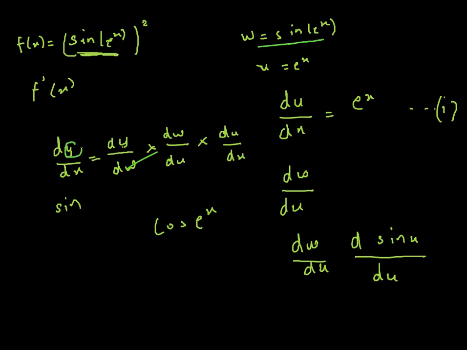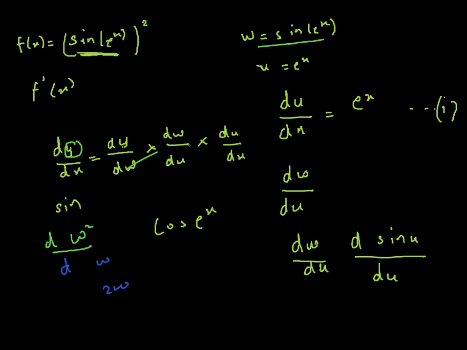The y here will be w squared, so it is d of w squared by d of w, which is just 2w. We'll substitute w again afterwards.